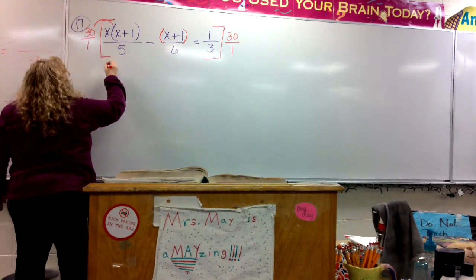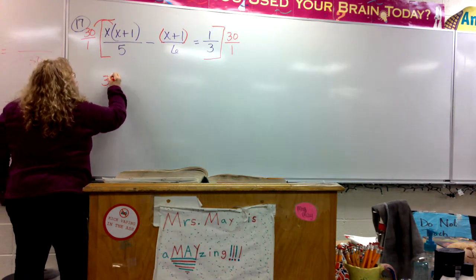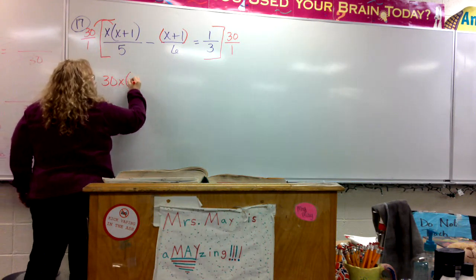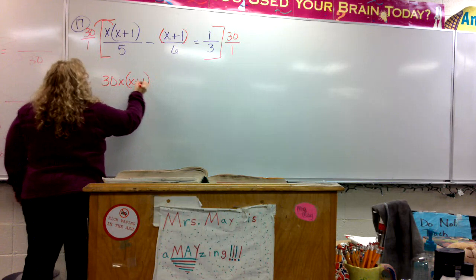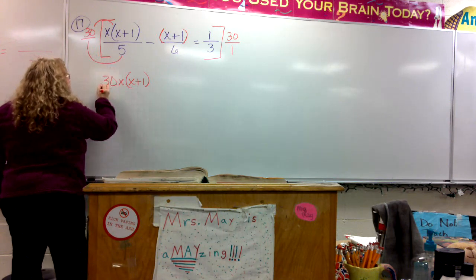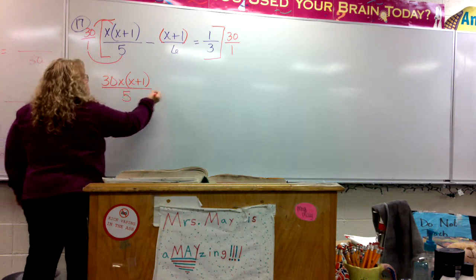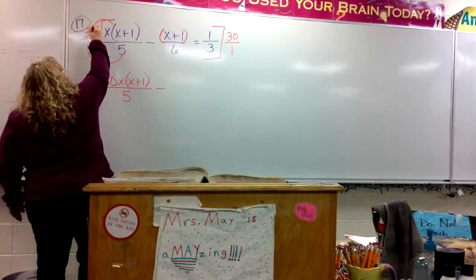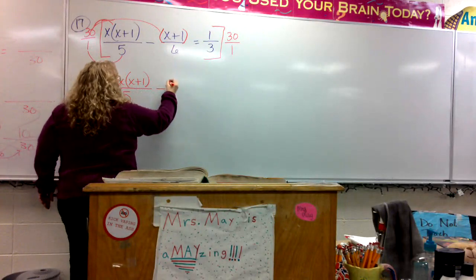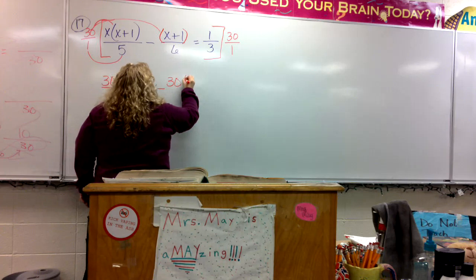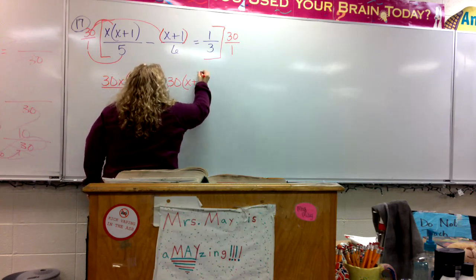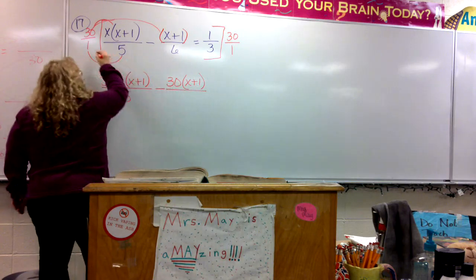When you have a quantity, just leave it as 30 and then x plus 1 all over, minus. Again, don't multiply it out yet, please.